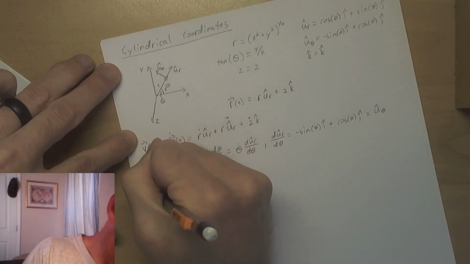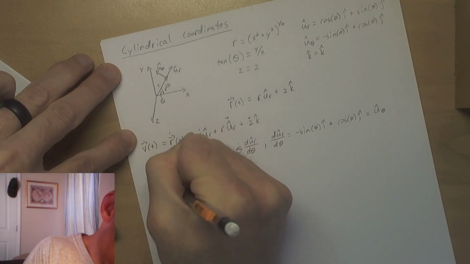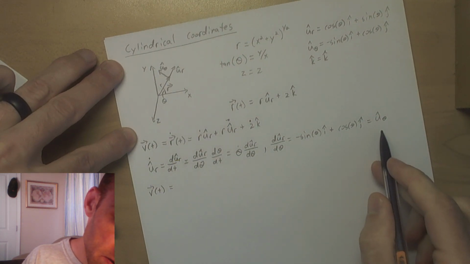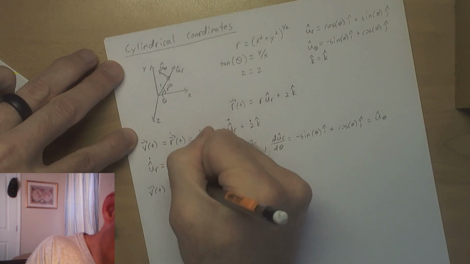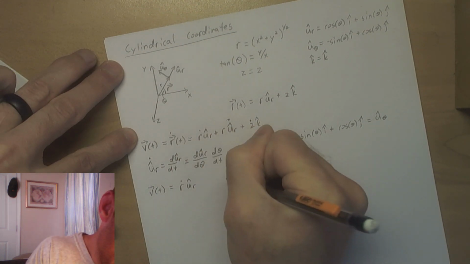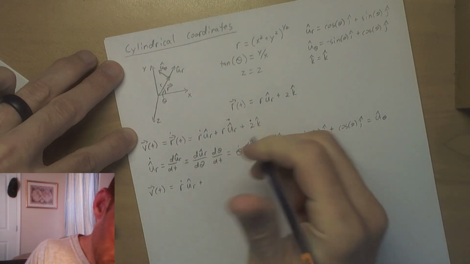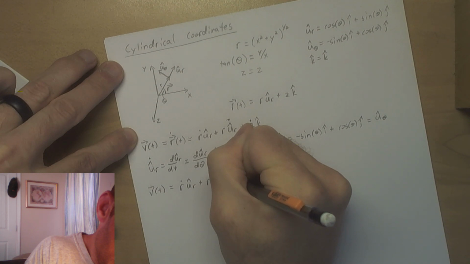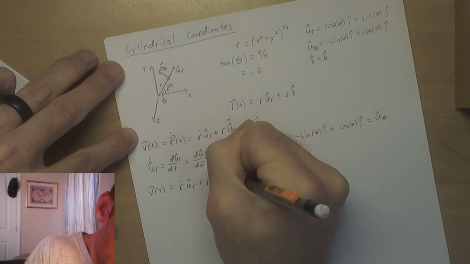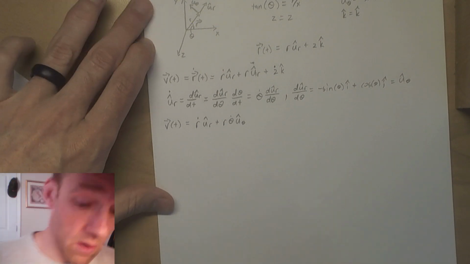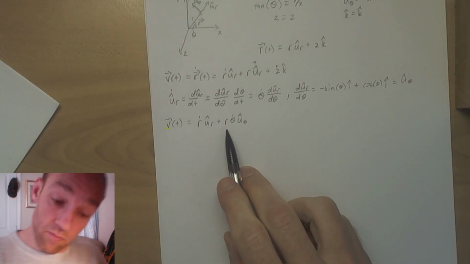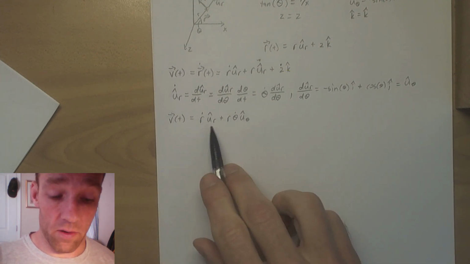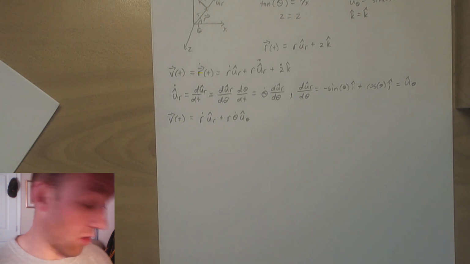So then the velocity in terms of the coordinates, or in basis vectors, is given by this expression here.